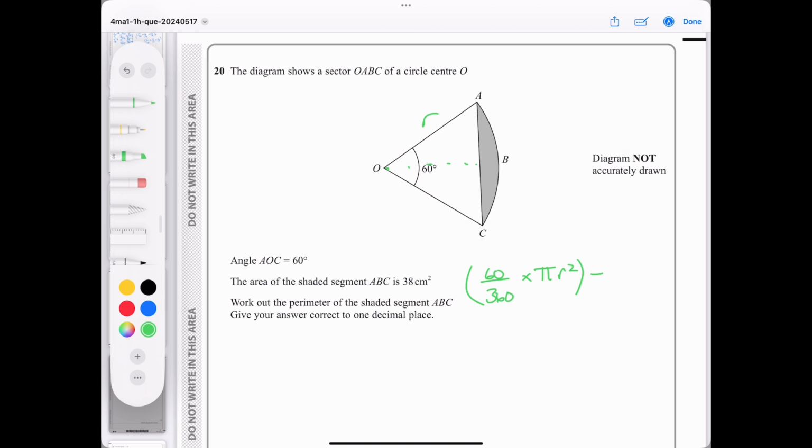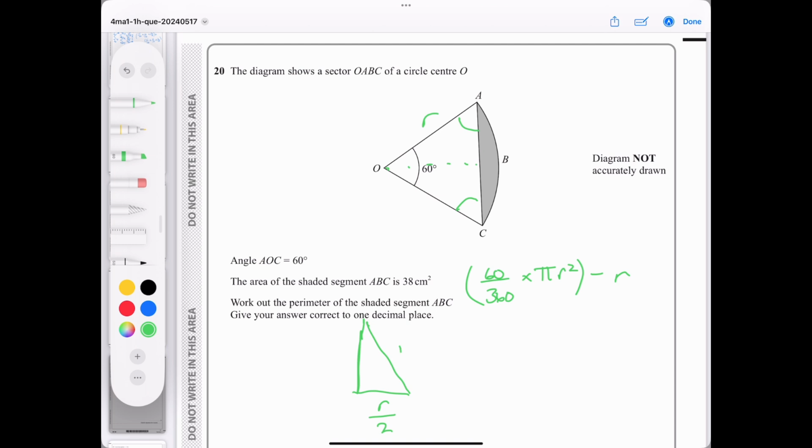Those two are going to have to be equal, so it's an equilateral triangle. So that means minus r times, and if you've got r on the bottom, that's half r, or r over 2.